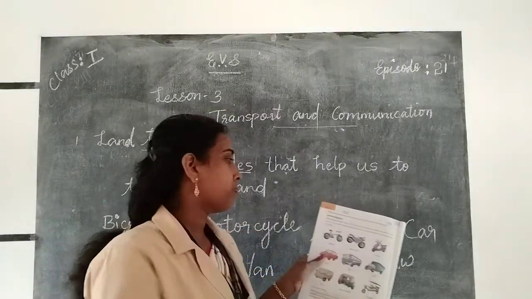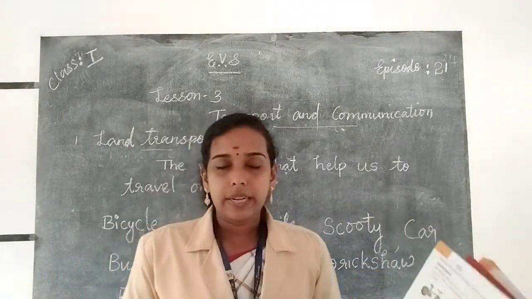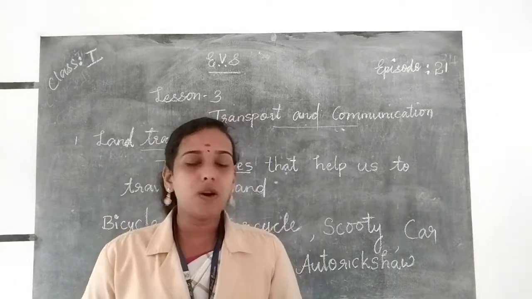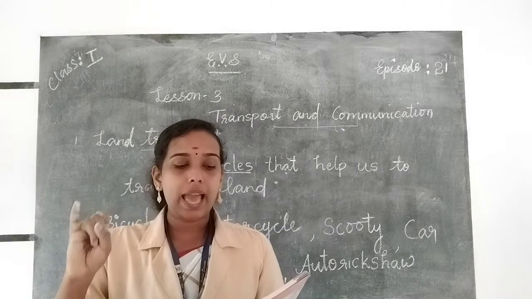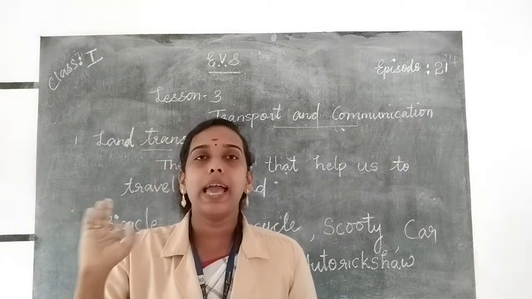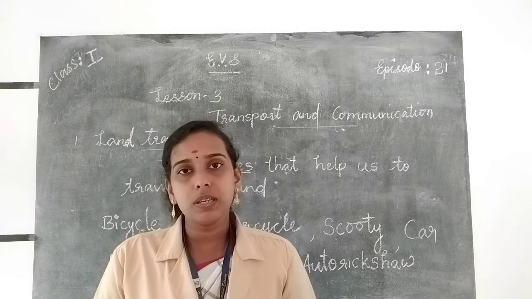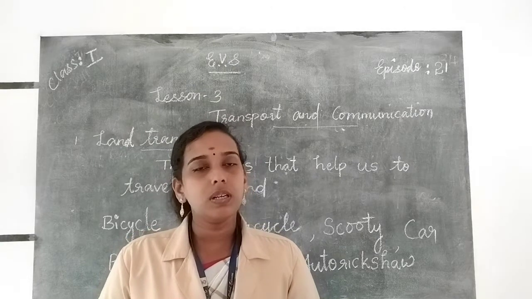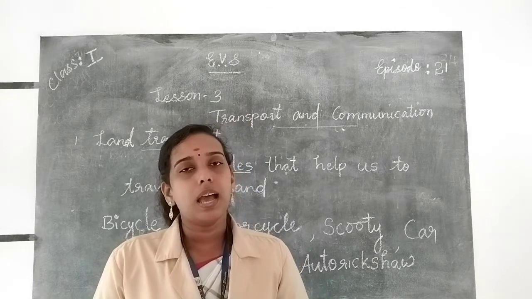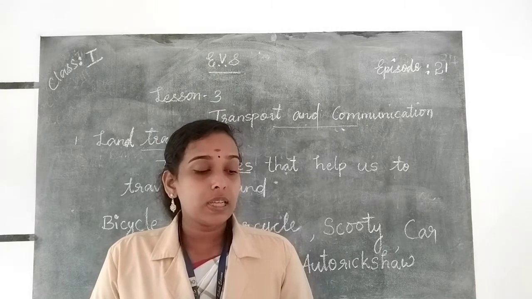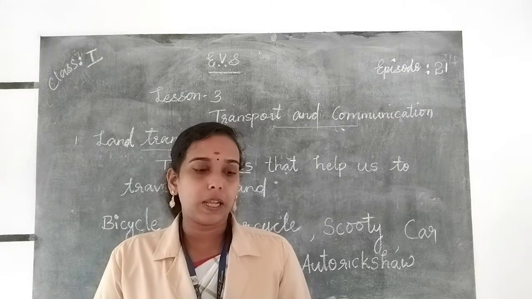Here, look at your textbook, read the text. There are three means of transport: land, water and air transport. So which are the three means of transport? Land transport, water transport and air transport. Then the first one, land transport.